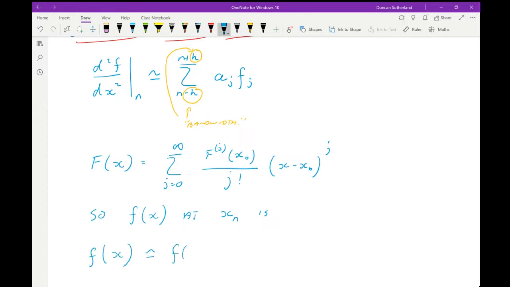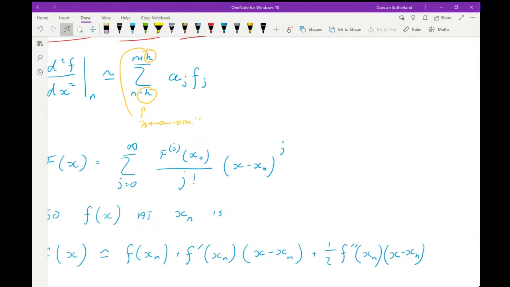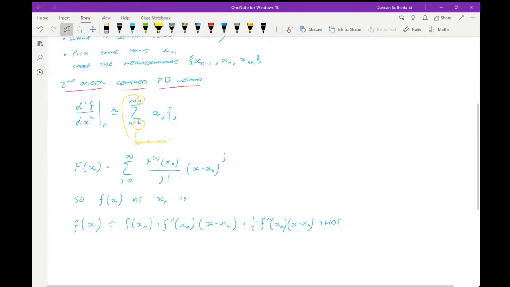This is exact if you do all the terms, the infinitely many terms. But we're not doing infinitely many terms because that's not possible. We're only going to do a few. And then we've got what we call higher order terms, so that's like the leftovers.